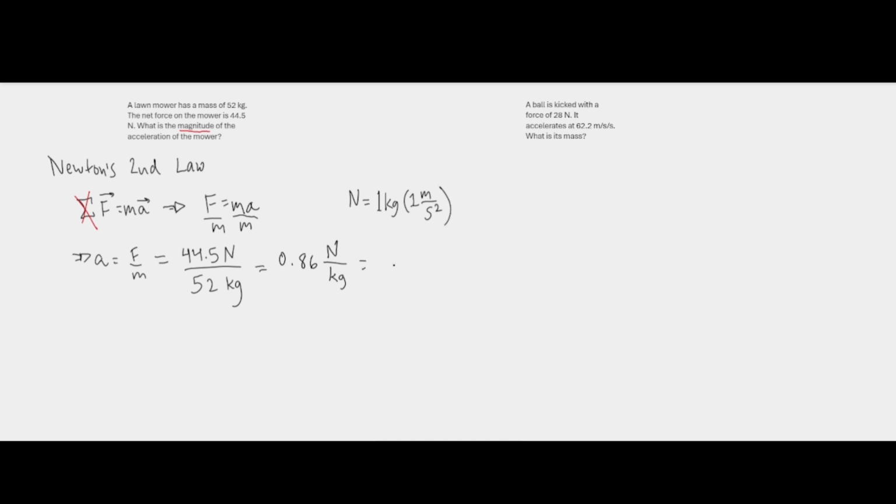And when we put these units into the equation, we can then see that we have kilograms divided by kilograms, and we're left with meters per second squared. So the magnitude of the acceleration is 0.86 meters per second squared.